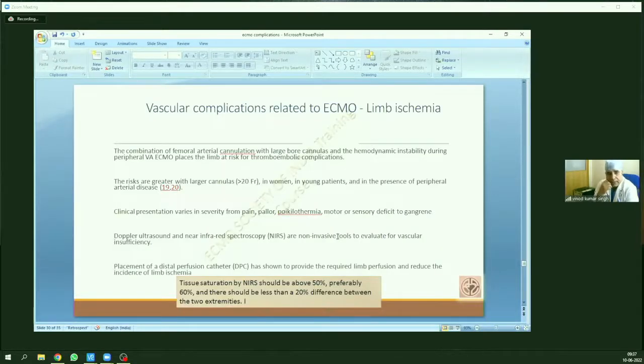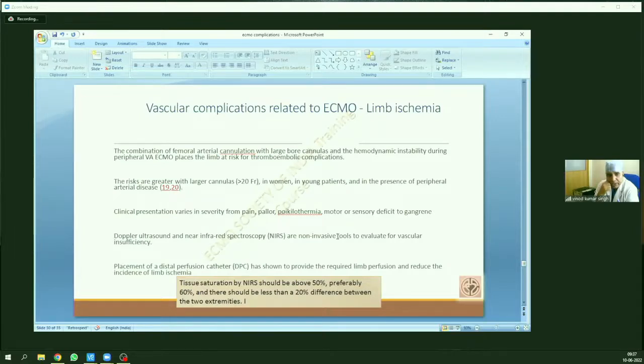So other complications are the vascular complications and limb ischemia. This comes from the combination of femoral arterial cannulation in VA ECMO and the patient's hemodynamic compromise and instability. These complications are more common, and the risks are greater with a larger cannula, if you are using more than 20 French for femoral arterial, and particularly in women because their artery size is smaller.